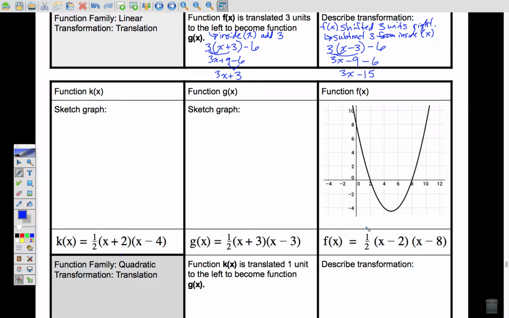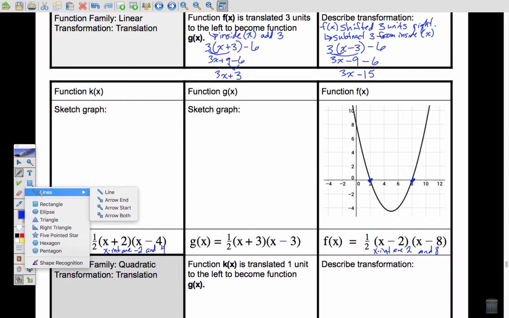Okay, or let's actually look at this. Let's start with this one. So this one in factored form, we can see that our x-intercepts are at a positive 2 and positive 8. So we can see that right here. Boink, boink. If we go to this one, we can see our x-intercepts are at a negative 2 and positive 4.